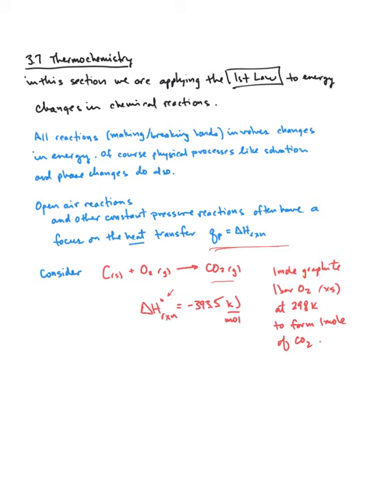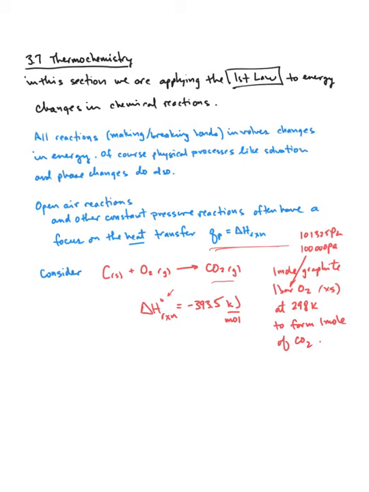Any gases are at 1 bar of pressure. Now, 1 bar of pressure is 100,000 pascals. 1 atmosphere is 101,325 pascals. But we often tabulate data at 298 K, which is why you've seen it so often.